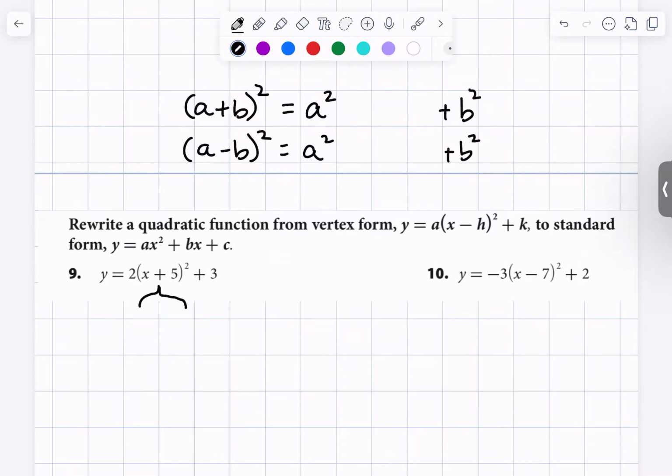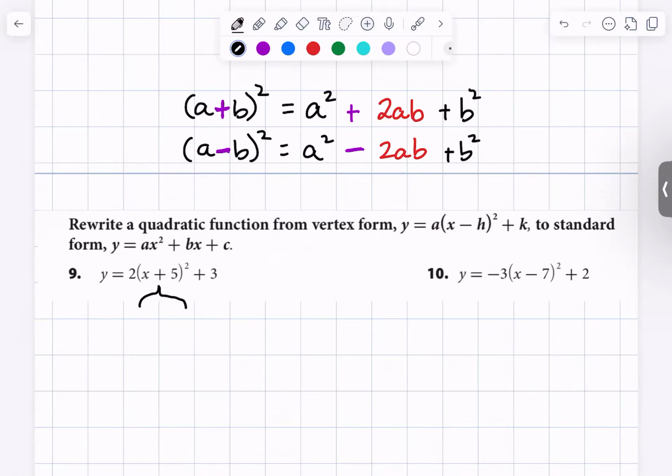The middle term will always be 2 times your first term times the second term. Okay? The only difference between the plus and the minus, if this is a plus, this will be a plus. If this is a minus, this will be a minus.